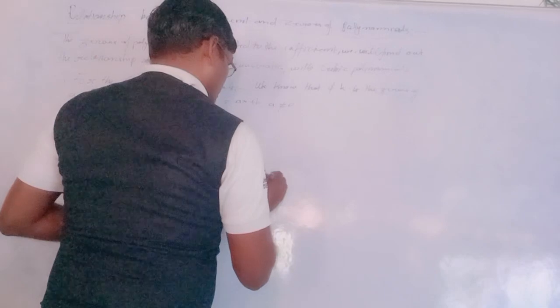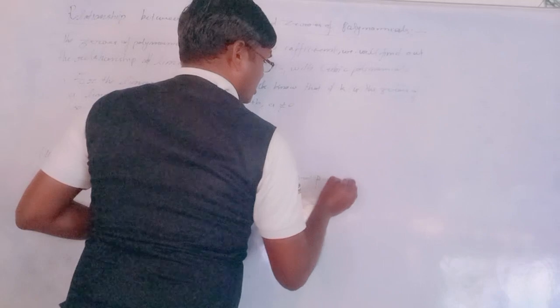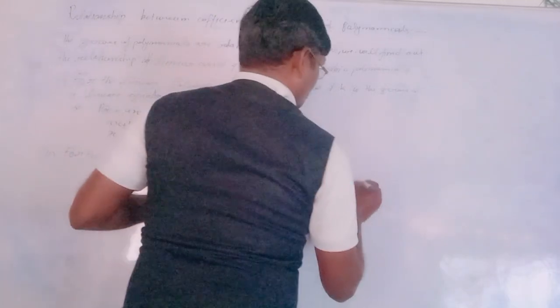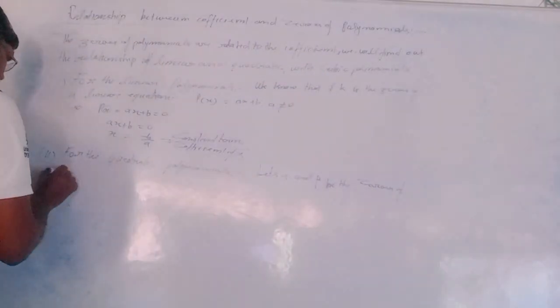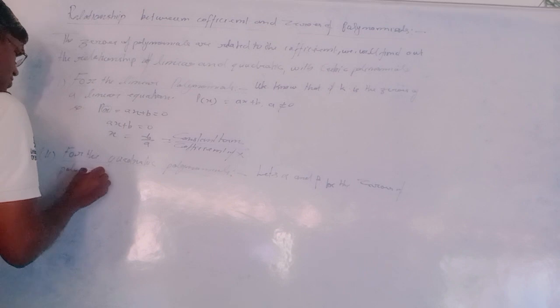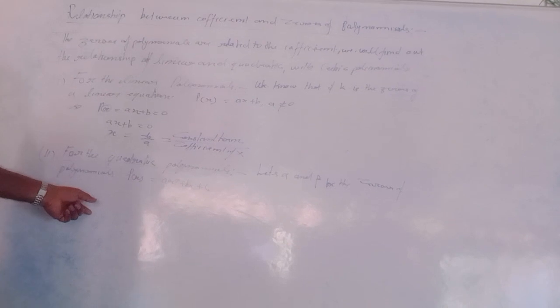Let alpha and beta be the zeros of the polynomial px equal to ax square plus bx plus c, where a is not equal to 0.